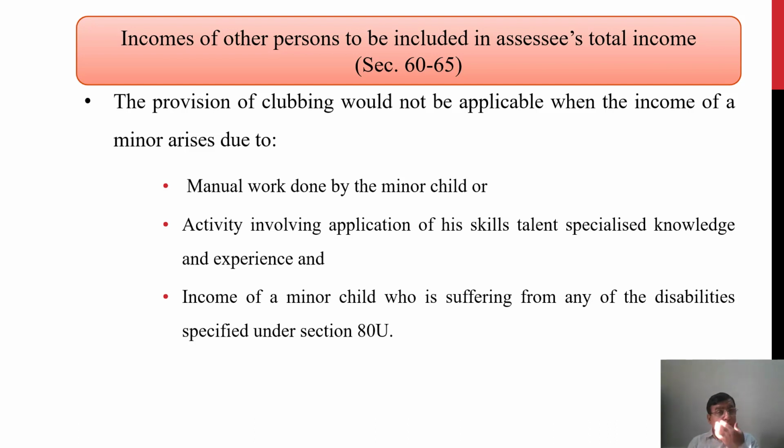Now the question is, if the minor child is a singer and earns rupees 2 lakh by singing a song, then that income will not be included into the income of the parents, because that income is earned because of the talent of the minor child.